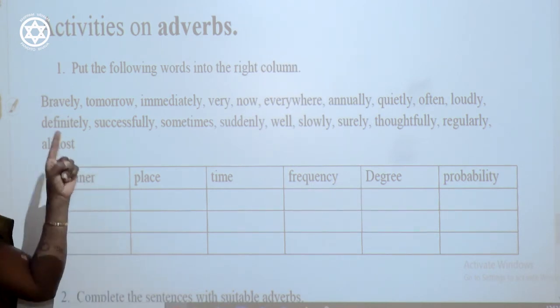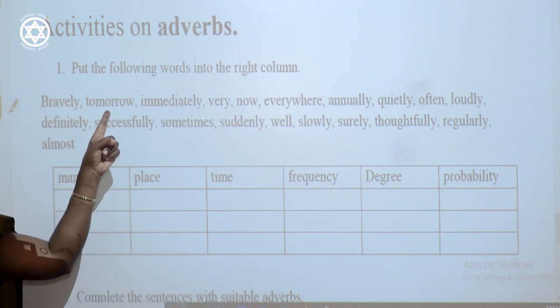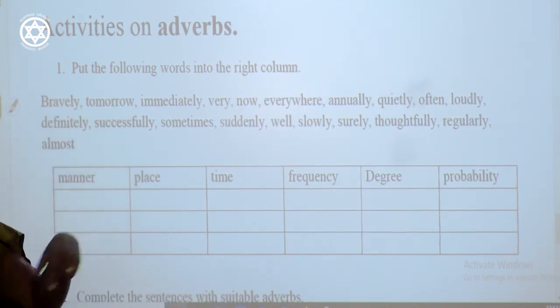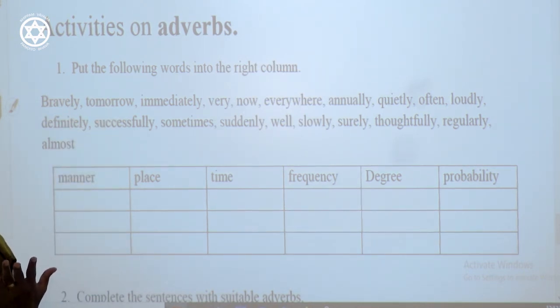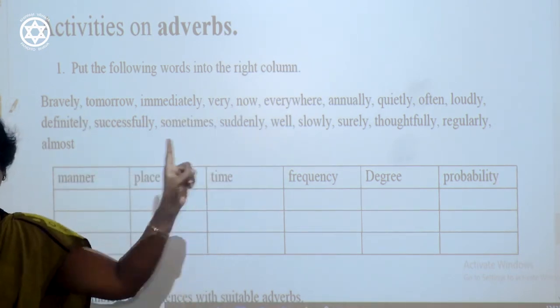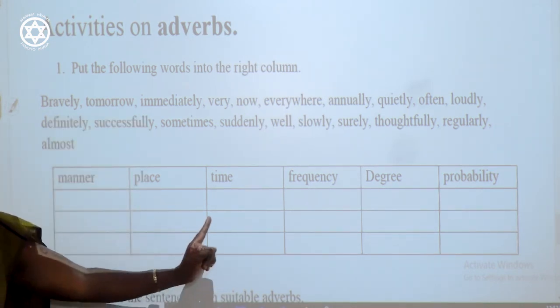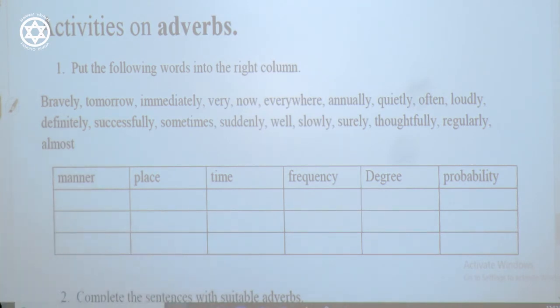Take tomorrow. When you look at the word tomorrow, it tells us about a time when the action happened. Likewise, you have to refer to each of these adverbs and ask the question yourself, and then fill the grid here. It is up to you to do the activity.